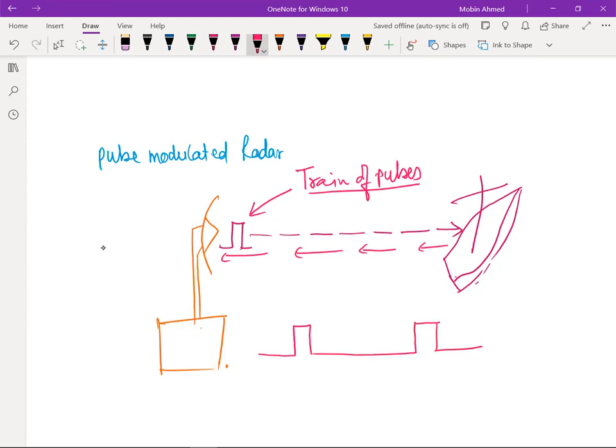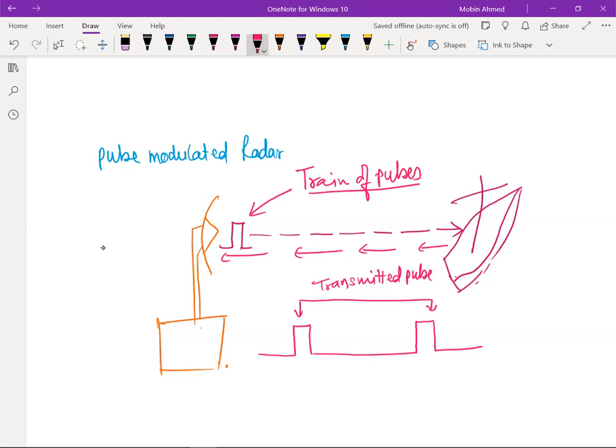Both are equal. This is a periodic cycle: this and this are a train of pulses, with a time difference between them, and this is known as the transmitted pulse.